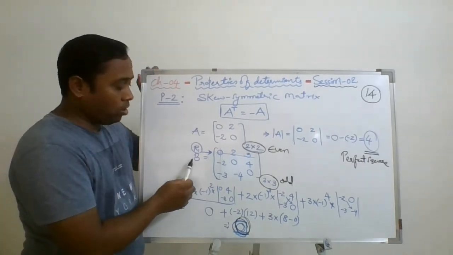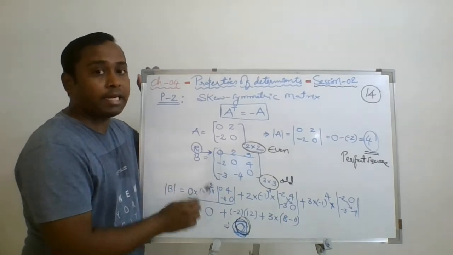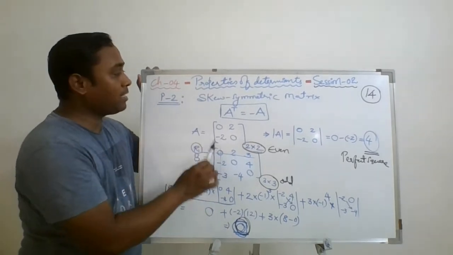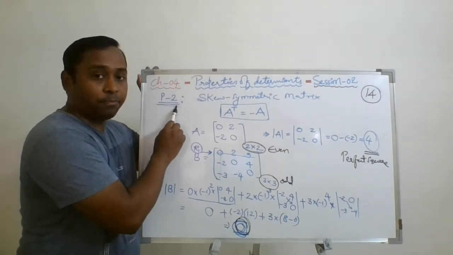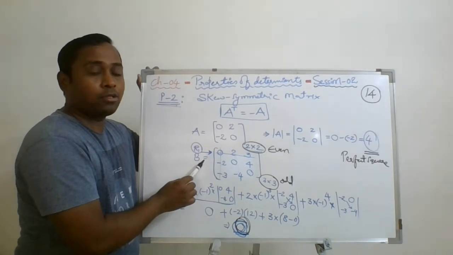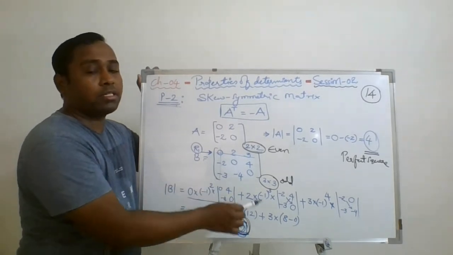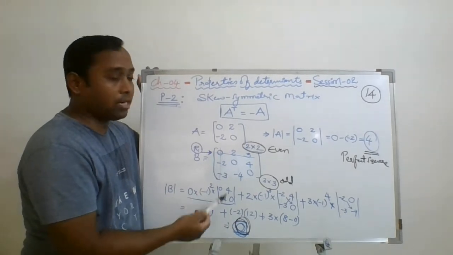If it is an odd order, directly by using this property, you can simply write its answer is 0, stating this property as the reason. Because it's a skew symmetric matrix of odd order, that's why its answer would be 0. No need to calculate, because it's a standard result.